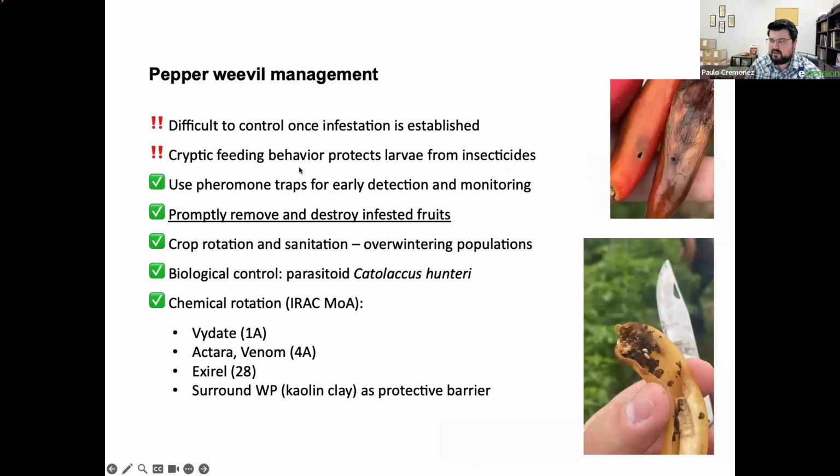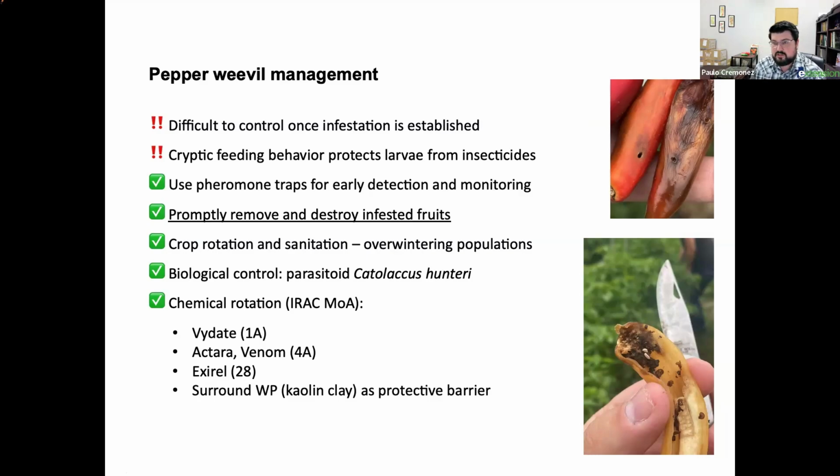Like I said, cryptic feeding behavior protects the larvae from insecticides. The management options that we have are to use available pheromone traps for early detection and monitoring, which is very important, and probably remove and destroy infested fruits. If you have a history of that in your area, that's already an alert that you can use.